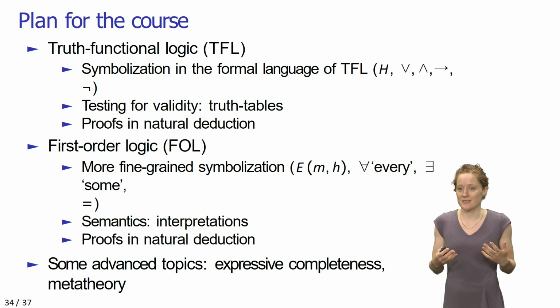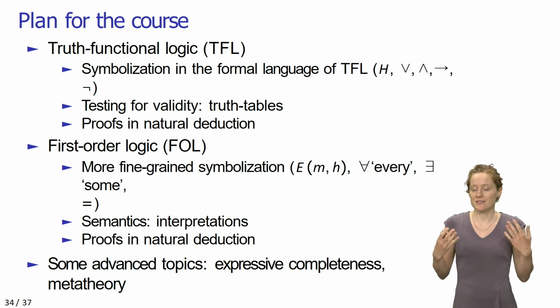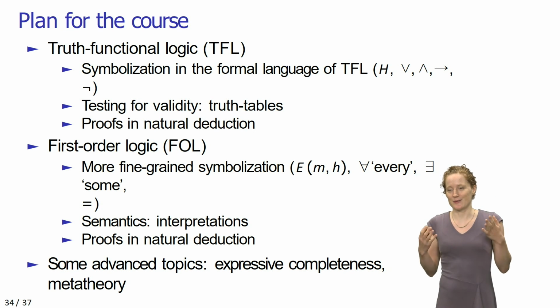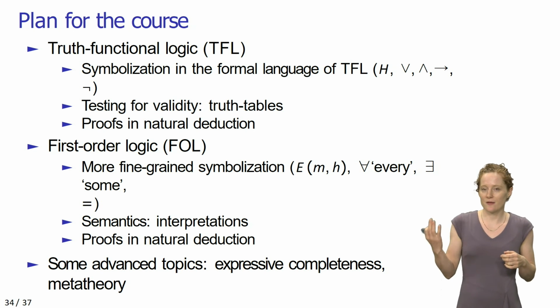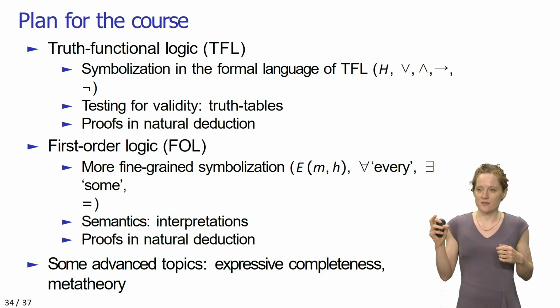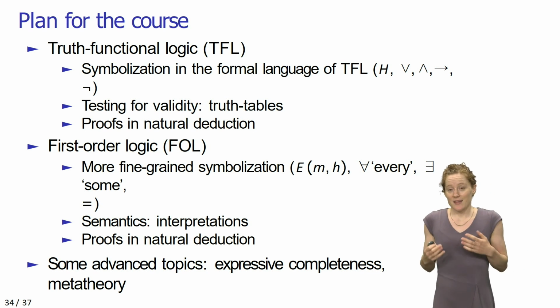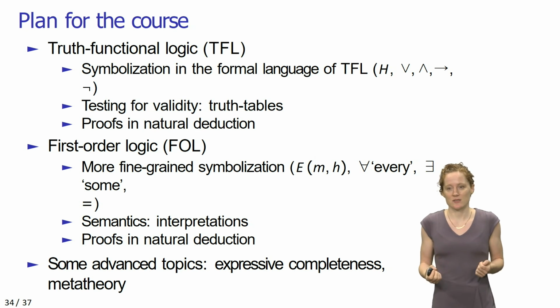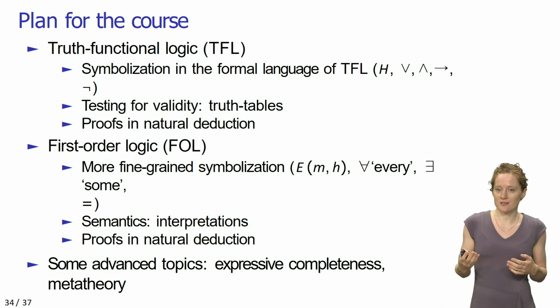Quantifiers are words such as every or some that allow us to express quantities. And we are going to represent the quantifier every by means of this upside down A and the quantifier some by means of this reverse E. And then we are going to study the meaning of FOL sentences, or in other words, the FOL semantics, using interpretations.